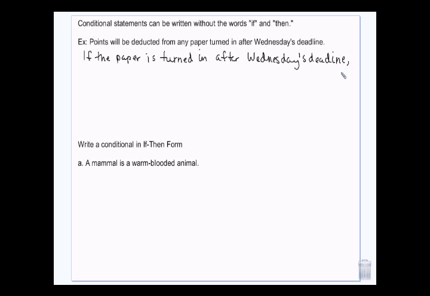It can be a negative condition, like something you don't want to happen. The thing that has to happen for the points to be deducted is that the paper's turned in late. So that's the if part, that's the hypothesis. Then points will be deducted, that's the conclusion. This is what will happen to you if the first thing happens.